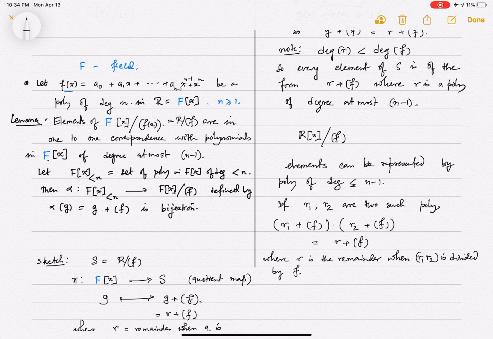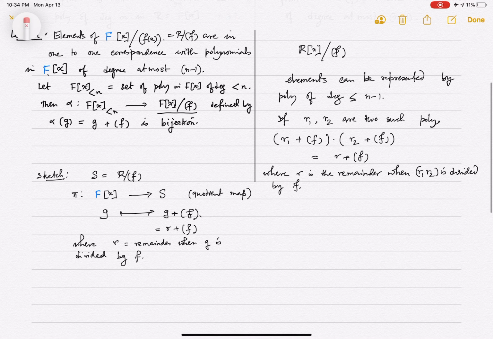So every element in this quotient ring can be uniquely expressed in this form for some polynomial of degree less than n. And we went through the proof essentially already.